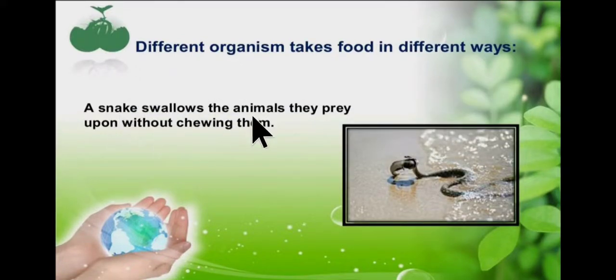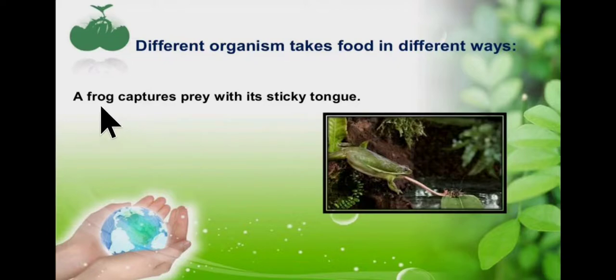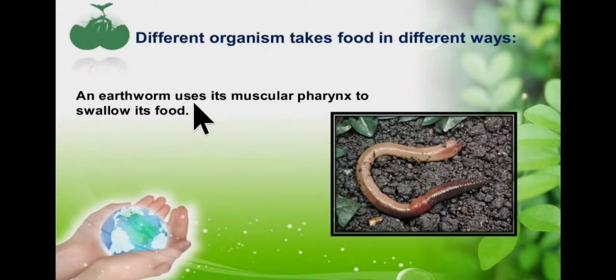A snake swallows the animal it preys upon without chewing. A frog captures prey with its sticky tongue. An earthworm uses its muscular pharynx to swallow its food.